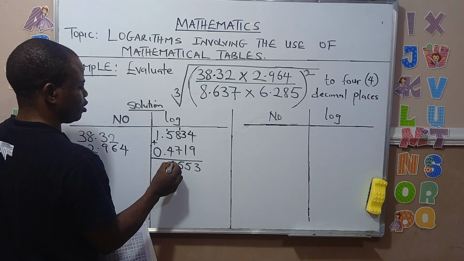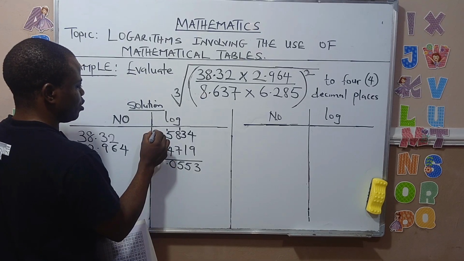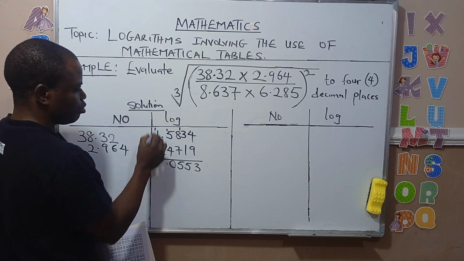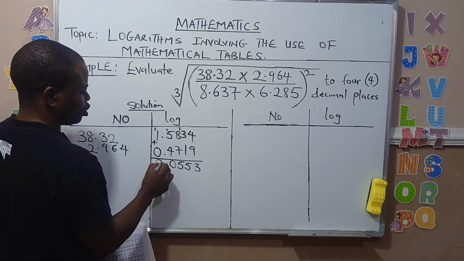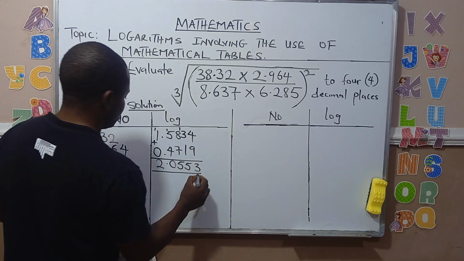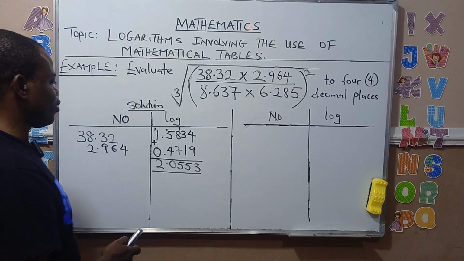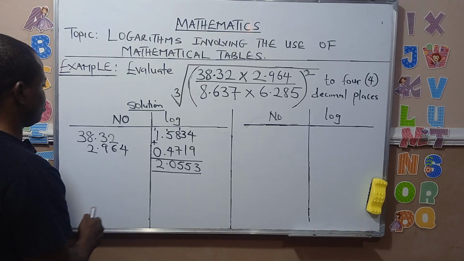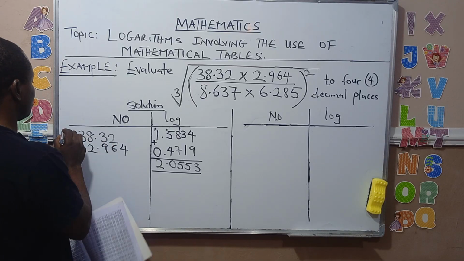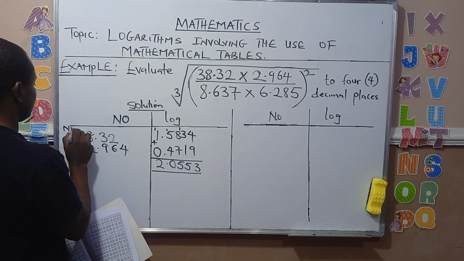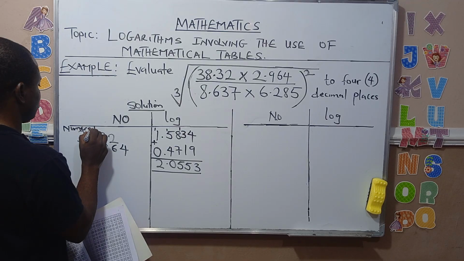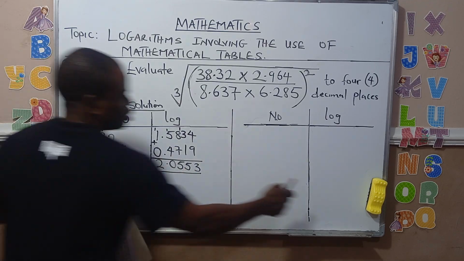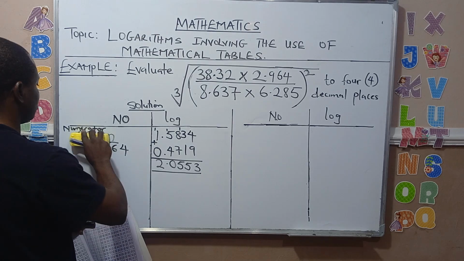Plus 1, 10. 0, carry 1. 1 plus 0 is 1. Plus 1, that is 2. Okay, that's what we have, 2.0553 for the numerator. The number at the numerator, let's just write it.